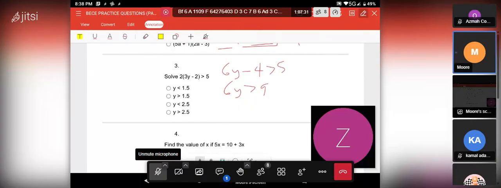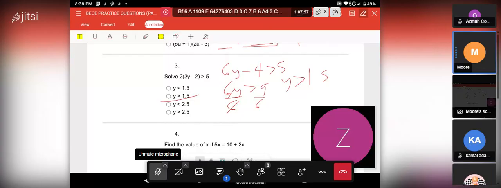You divide both sides by 6. 6 cancels out 6, so y is greater than, how many times will 6 go in 9? 1, then remain 3. 3 over 6 is half, that is 0.5, or 1 over 2. That is the second option.